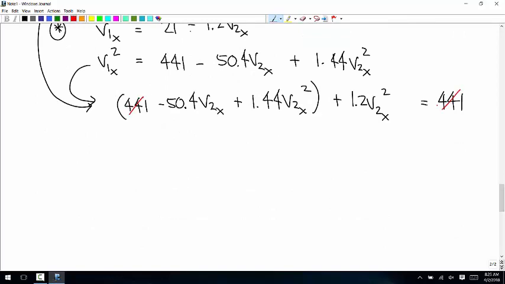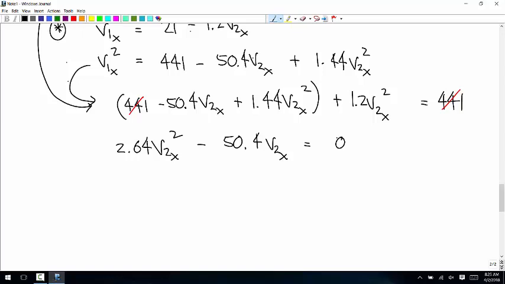So those 441s cancel, and you get 2.64 v2x squared minus 50.4 v2x is equal to 0.